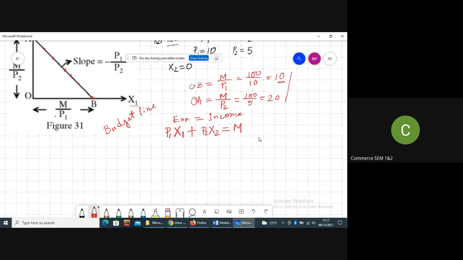So we can rewrite it: P2X2 equal to M minus P1X1, or we can rewrite it: X2 will be equal to M by P2 minus P1 by P2 multiplied by X1.